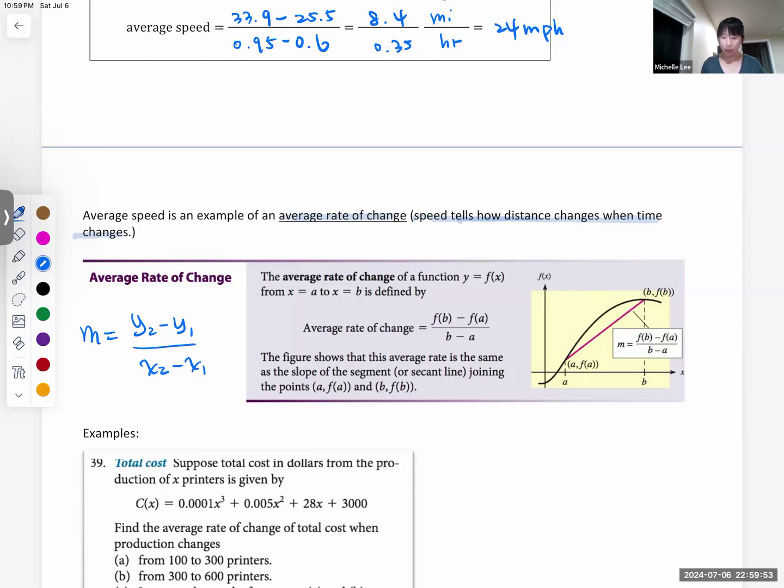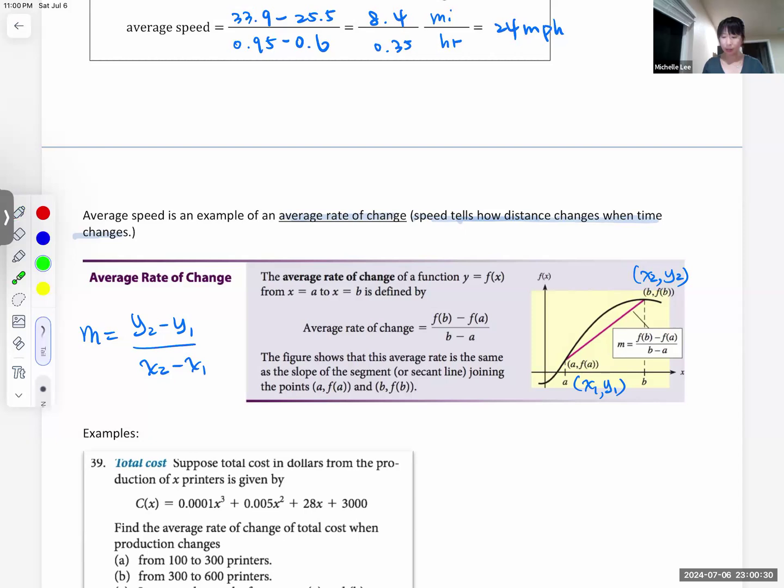So here, if we have an ordered pair, we read the first coordinate as x, second coordinate as y, right? Okay, then let's read the first one b, and then second one is y, right? So f of b. And then we have another ordered pair here. Let me make this x sub 1, this y sub 1. Let me make this one x sub 2, y sub 2, right?